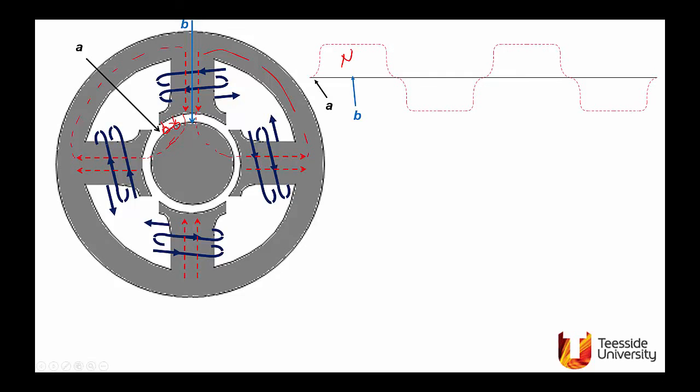Then carry on moving to point C. Point C is midway, so there are no flux lines, the flux density is zero. Moving clockwise again, I will find that the flux is going away from me.